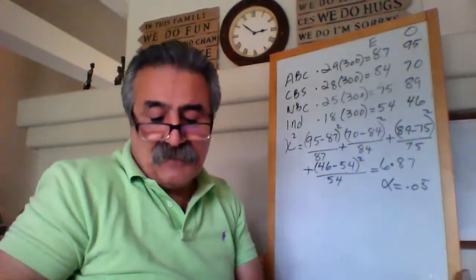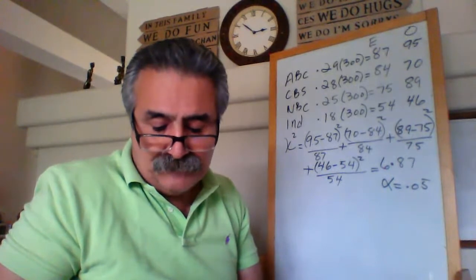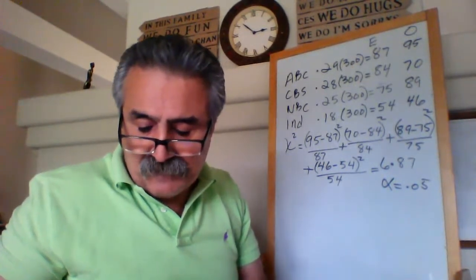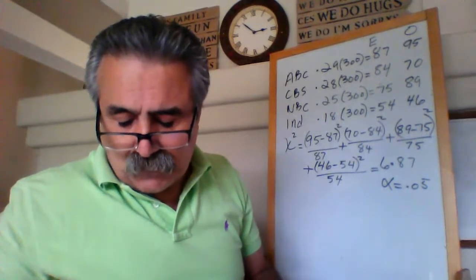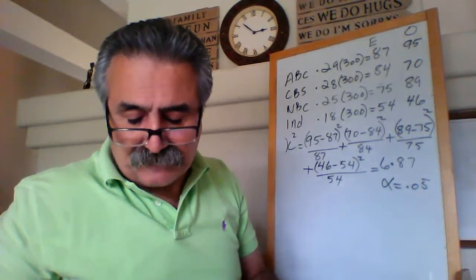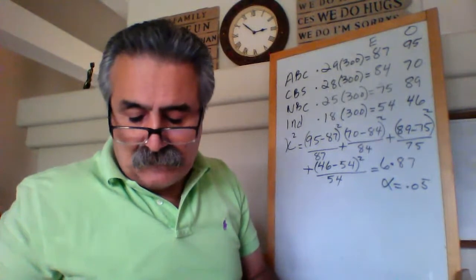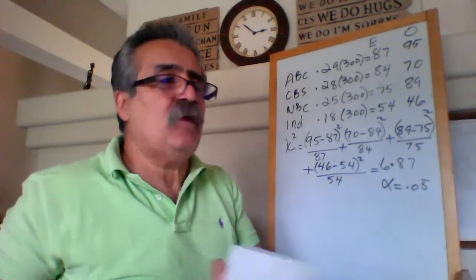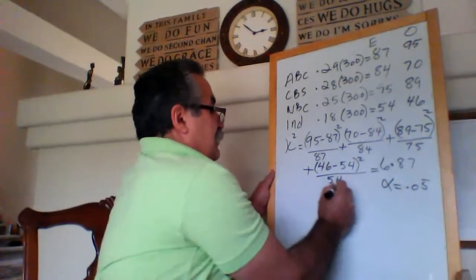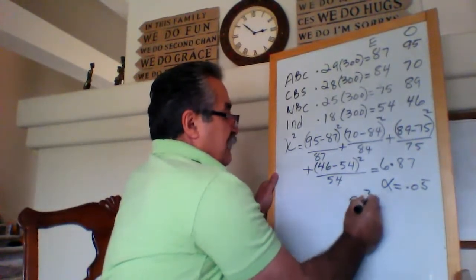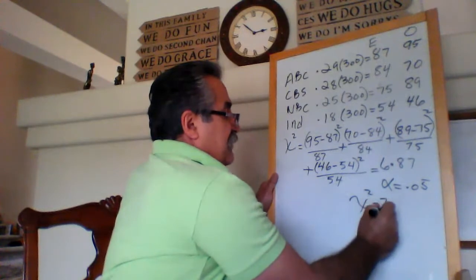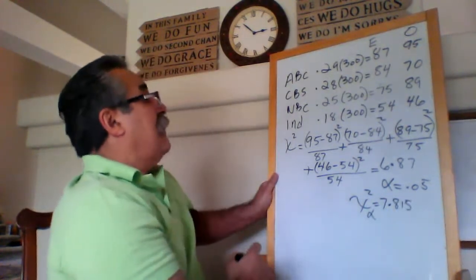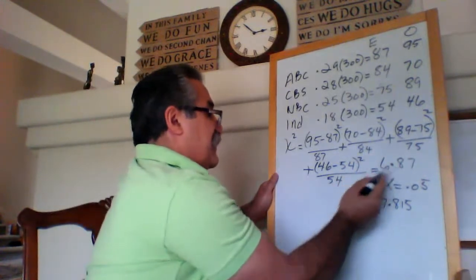Under 3, category number 3, under the column 0.05, the chi-square given alpha is 7.815. So chi-square of alpha is 7.815.